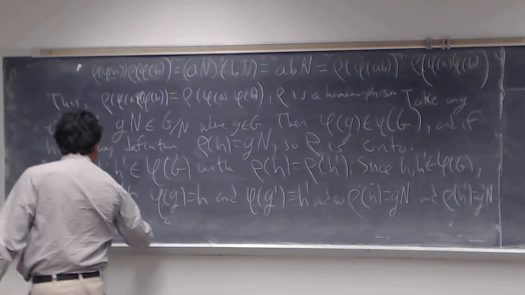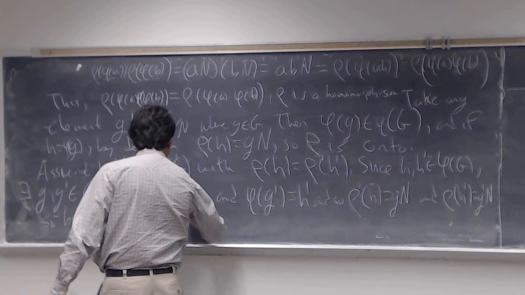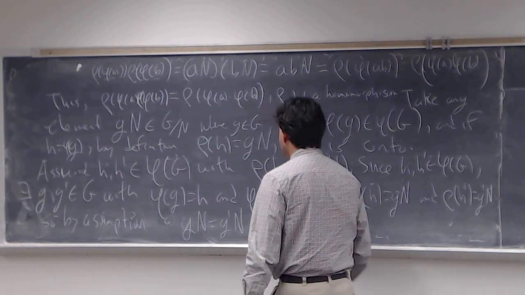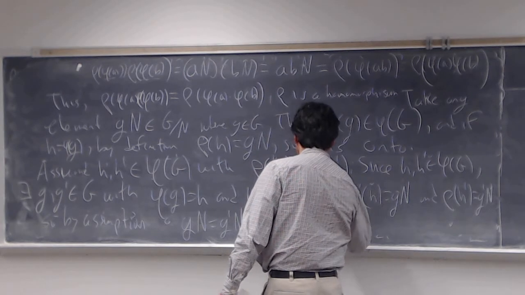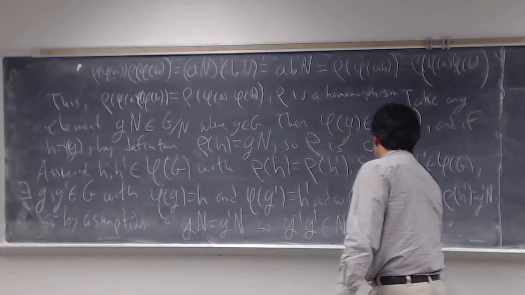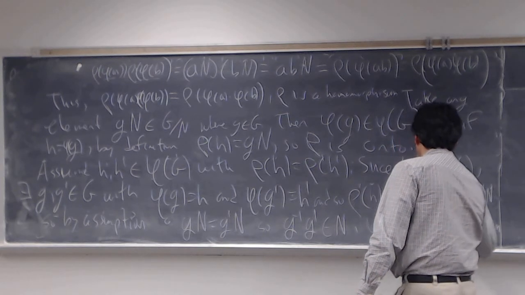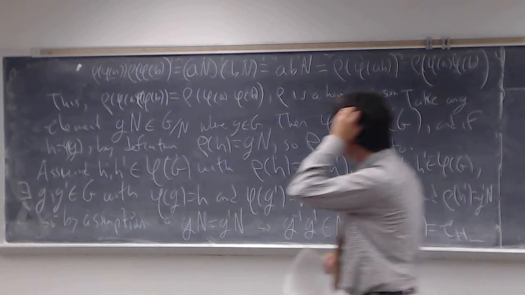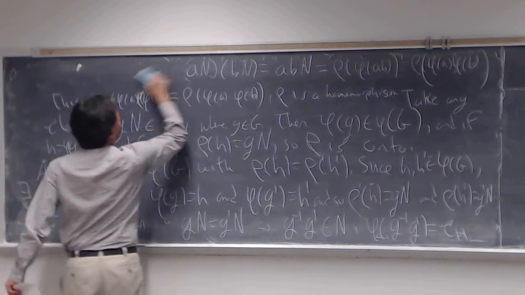By our assumption used to prove 1-to-1, that the image is equal on two points, we would have Gn has to be G prime n, or G inverse G prime has to be an element of n, which would mean phi of G inverse G prime would then be the identity, right?